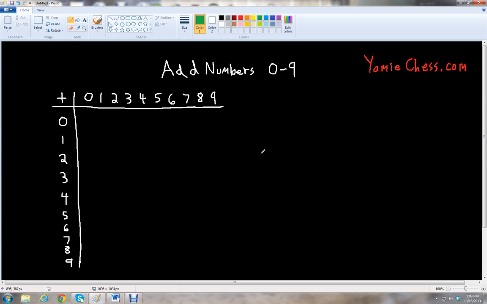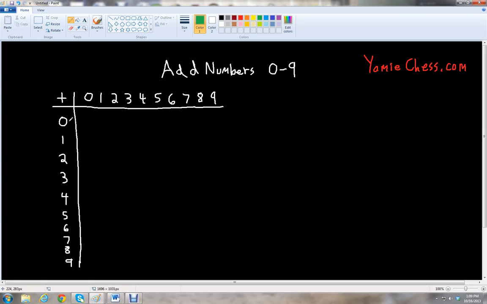So let's go through our table, and we'll start with the 0 in this row here, and then we'll add up the rest of the numbers together, and we'll learn about the rule for 0 when adding. The rule is, when you add 0 to any number, you pretty much get that number.